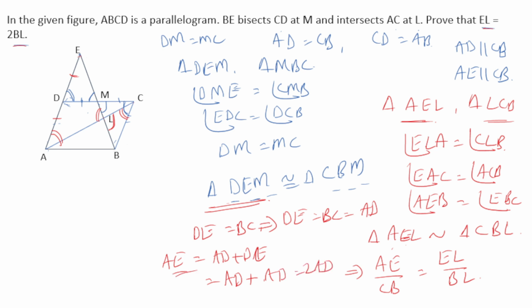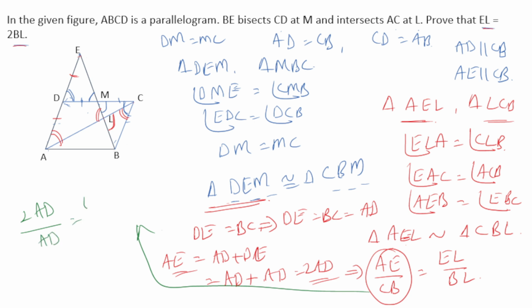So AE is equal to 2AD. We'll substitute here. We will get 2AD divided by CB, which is AD, equal to EL divided by BL. Okay. Here we have EL is equal to 2BL. We have proved it.